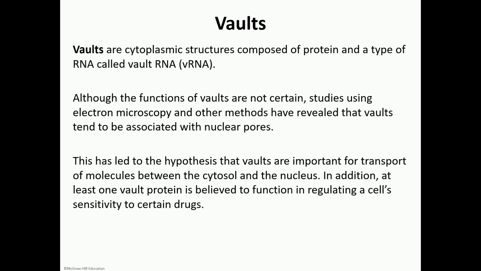And the thought is, we really don't know what the function is exactly, but the hypothesis out there is that it regulates what can pass from the nucleus out to the cytosol. Okay, so it's kind of like a gate allowing or preventing certain things from going from the nucleus into the cytosol.